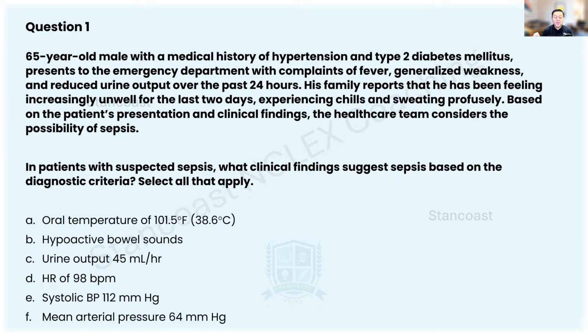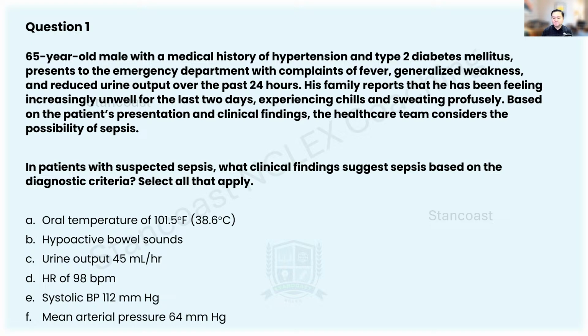Based on the patient's presentation and clinical findings, the healthcare team considers the possibility of sepsis. The question now: in patients with suspected sepsis, what clinical findings suggest sepsis based on the diagnostic criteria? Select all that apply.